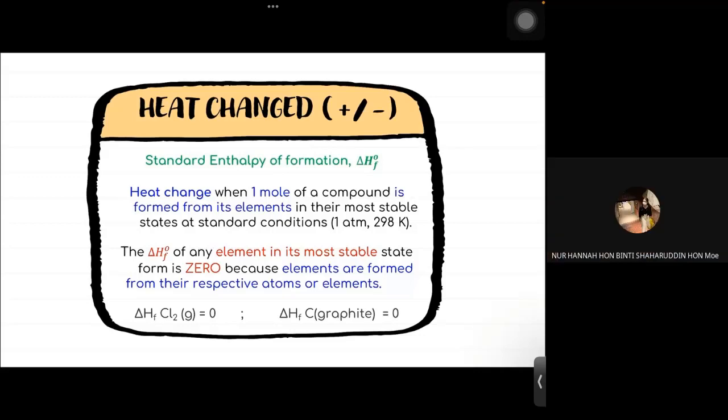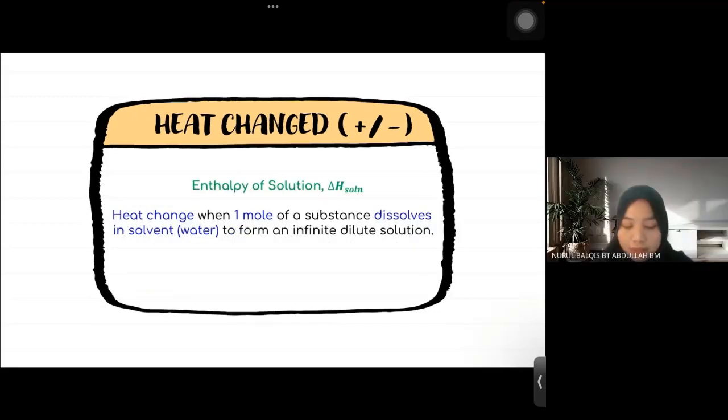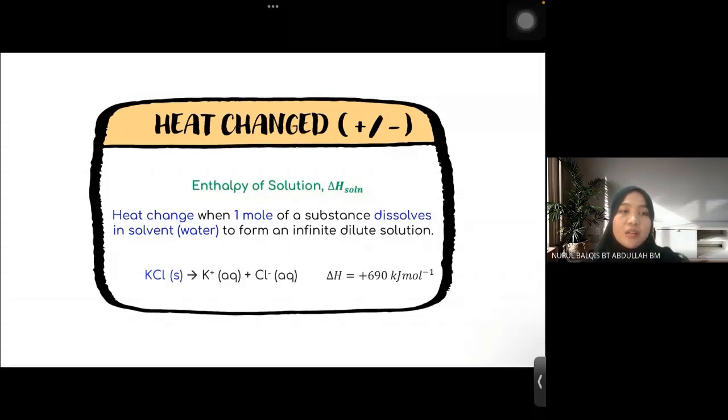Okay, Miss. So now the last one for heat change, positive or negative, we don't know the value yet. Enthalpy of solution. So what is meant by this enthalpy of solution? If we look at the example, we have KCl. So this KCl is, let's say, a salt in solid state.